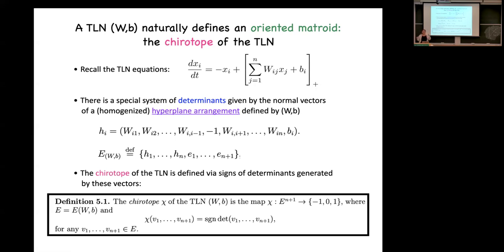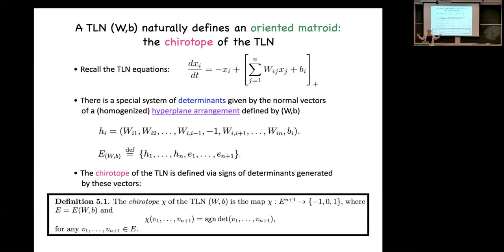So when you have a collection of vectors in some Euclidean space, you can define the chirotope as a map between n-tuples, or in this case, m plus 1 tuples of those vectors, and 0 and plus or minus 1. What you're doing in the map is you're really stacking the vectors next to each other in a matrix, taking the determinant, taking the sign.